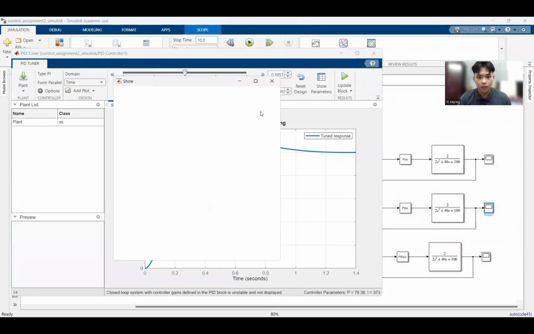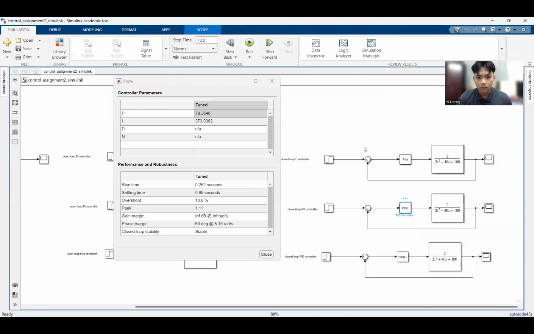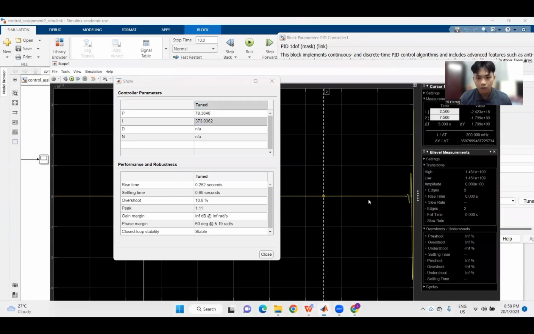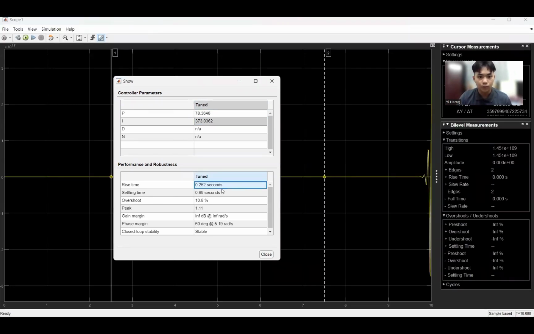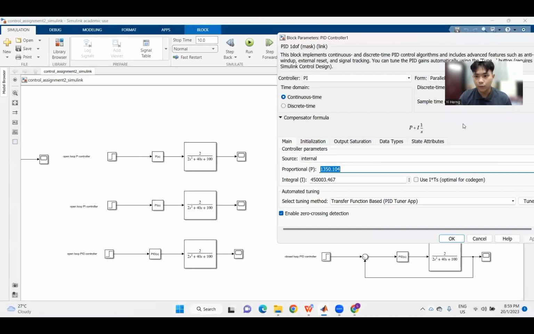To compare the parameters, we know that the proportional gain has decreased, and the integral gain also has decreased. The rise time increased from 0 to 0.252, and the overshoot went from infinity to 10.8. So we can say that the graph is stable after retuning.